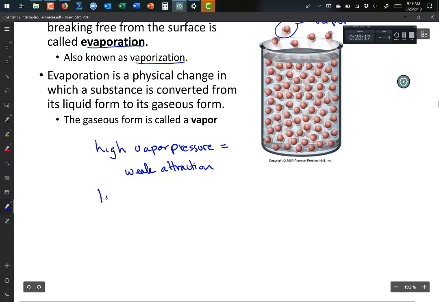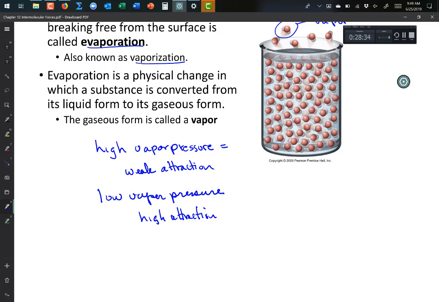And if I have low vapor pressure, it's high attraction. And vapor pressure, just like viscosity and surface tension, is affected by temperature. You can increase the vapor pressure by increasing temperature and decrease it by decreasing the temperature.